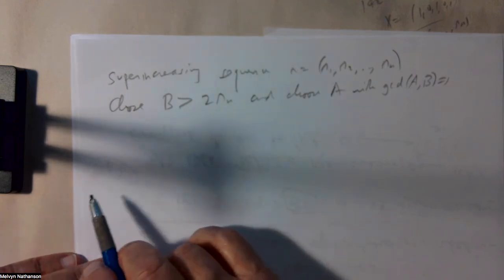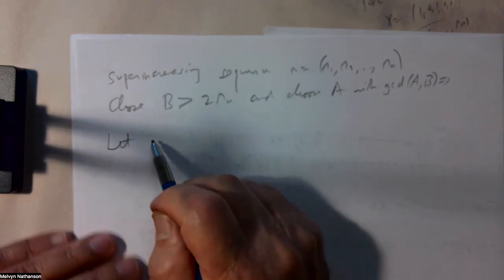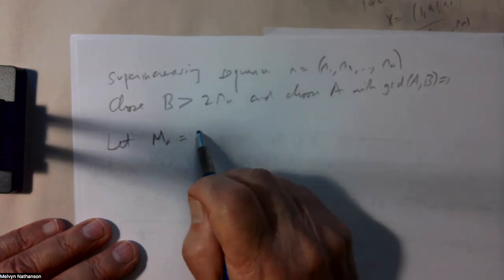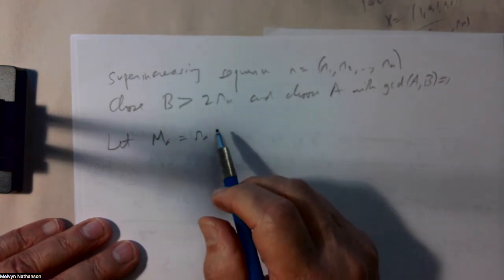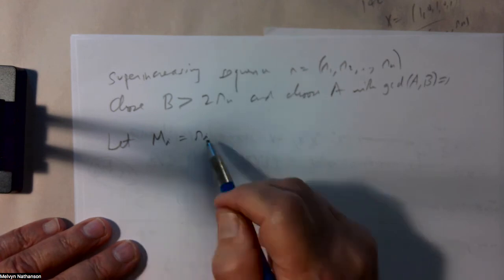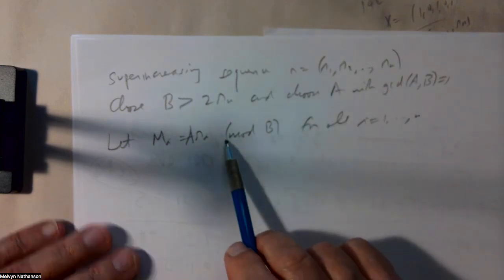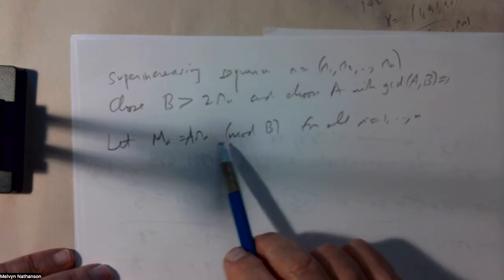And from this, you construct a new sequence. So let the number mi be equal to a times ri mod b for all i from 1 up to n. That is, you take each of these numbers, multiply it by a, and take the least non-negative element of the congruence class mod b.